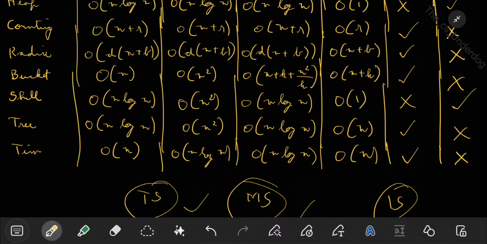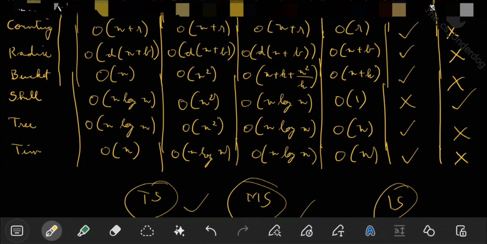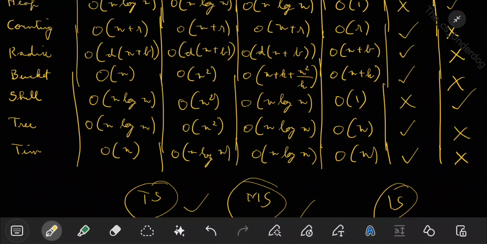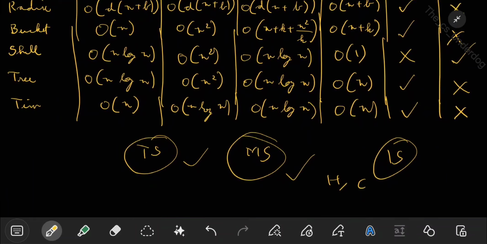But the problem is the range of numbers, the base of numbers, or maybe the number of digits; these sorts of additional constraints will come in. If those constraints are satisfied, then going for a non-comparison based algorithm will be very efficient whenever you have large data sets.